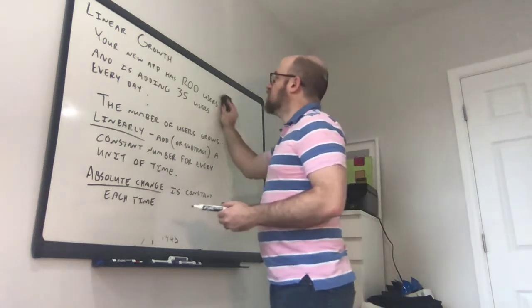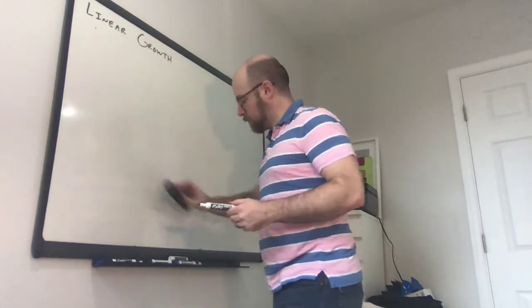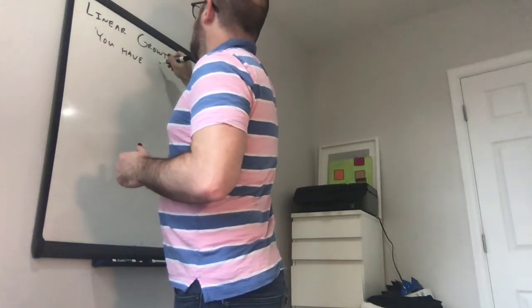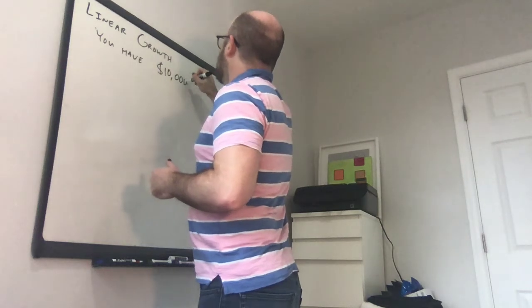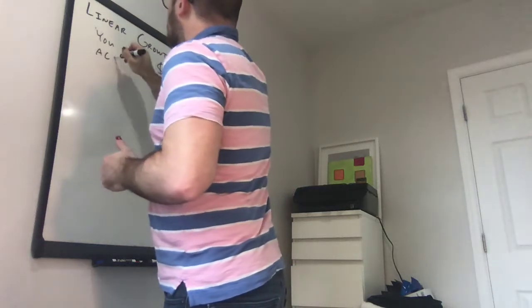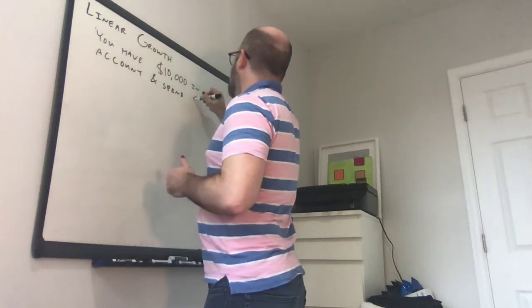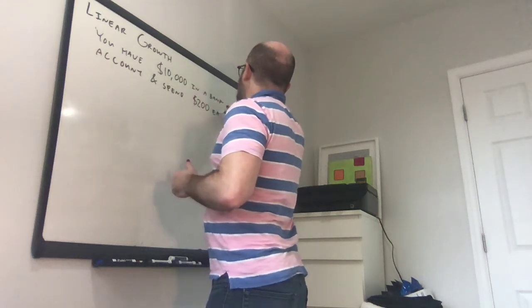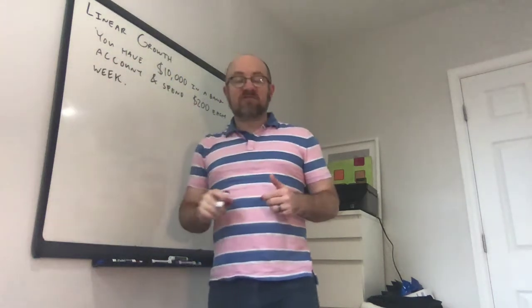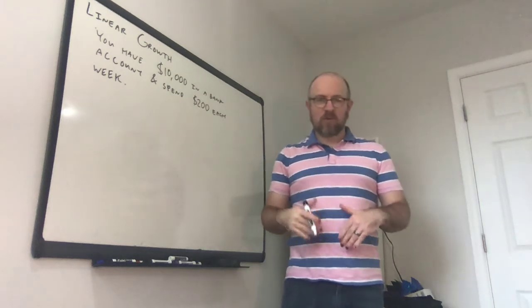So if you had a situation where you have, say, $10,000 in a bank account, and spend, say, $200 each week, the amount of money that you have in your bank account is going to decrease linearly.